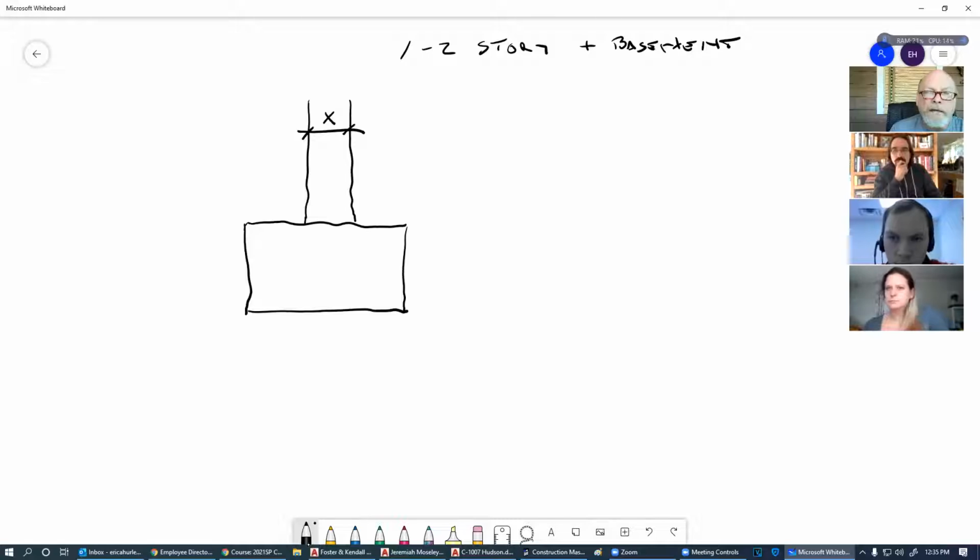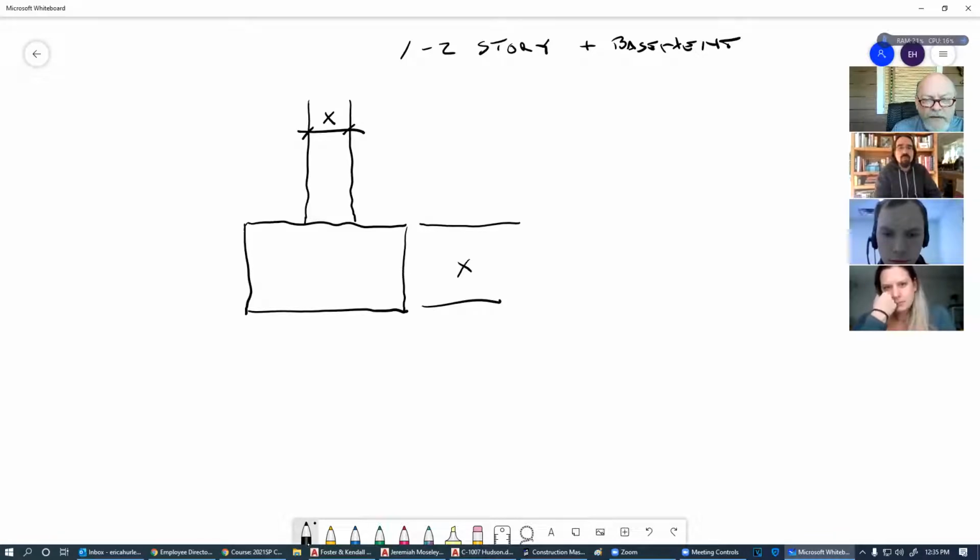But in the code, they separate the basement from the rest of the stories of the house. So if this is X, then this is going to be X, and this is going to be 2X. So 2 times the width of our foundation wall, and the depth is equal to our foundation wall.